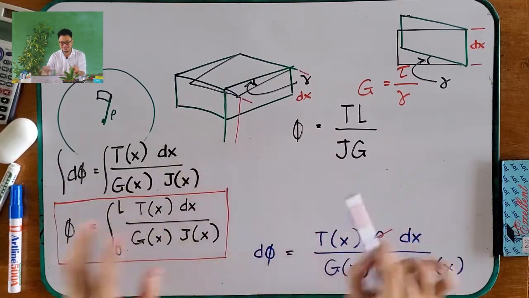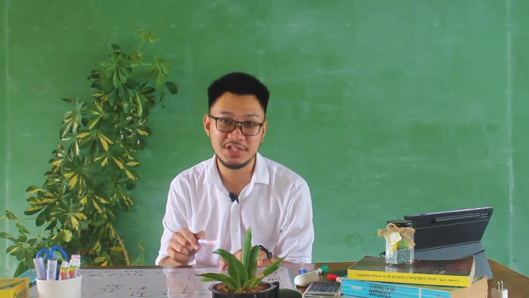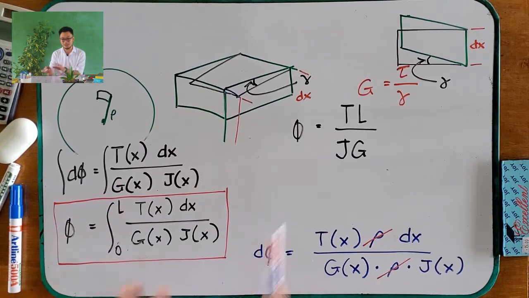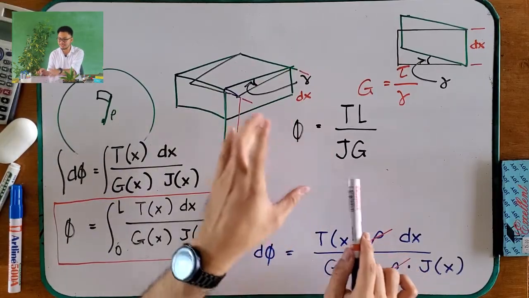Okay? So take note, ingani lang atong equation nga timan-an. Well, kung naatay linear variation sa atong torque or sa atong J or sa atong G, then we should use this one. Pero kung constant lang na ang atong torque, ang atong polar moment of inertia, atong modulus of rigidity, we will use this one. And this one is much common sa atong mga applications, sa atong mga machines and shafts. Okay? So take note.